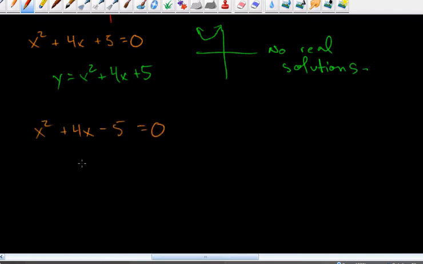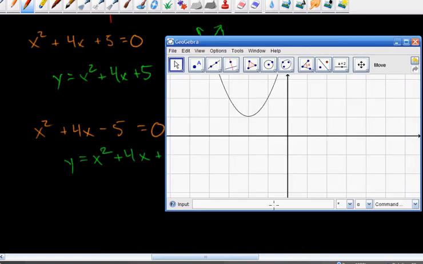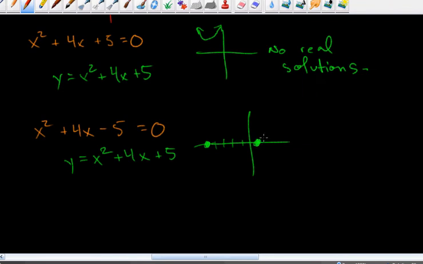Well, to solve this equation, just graph the related quadratic. Notice how the graph crosses the x-axis at negative 5 and positive 1.